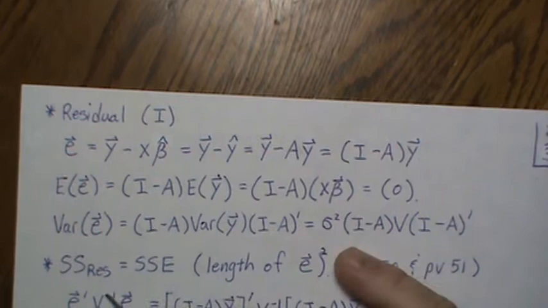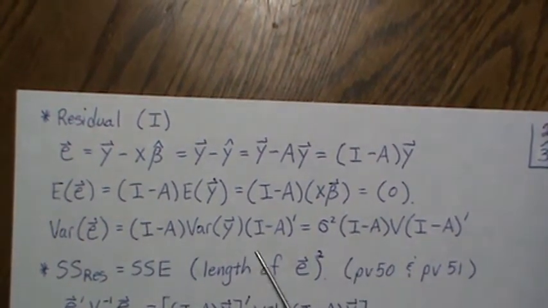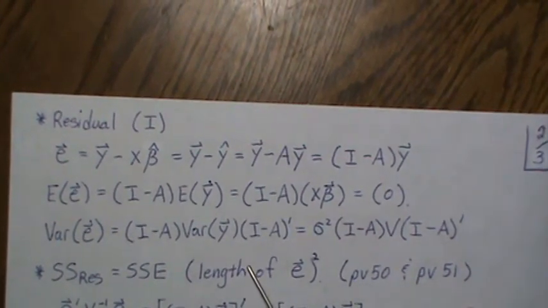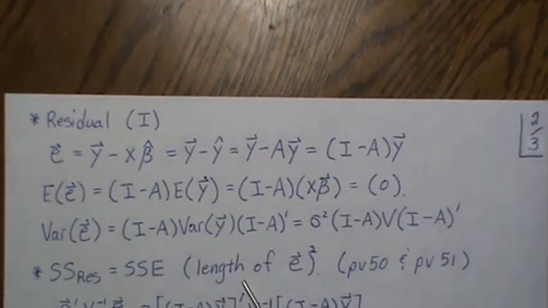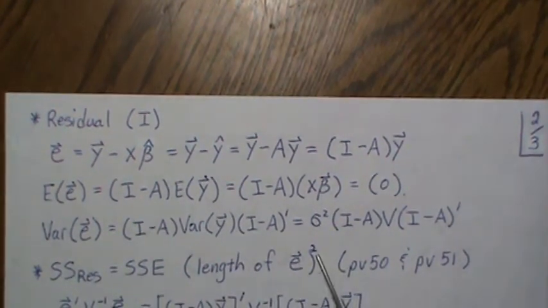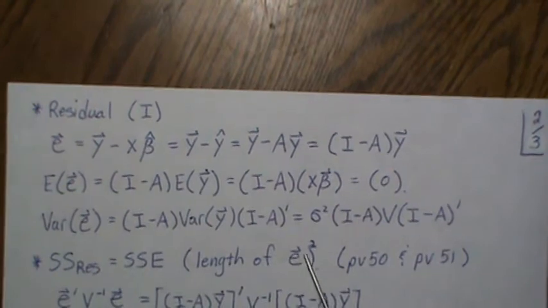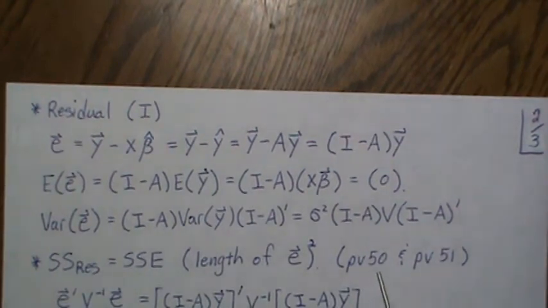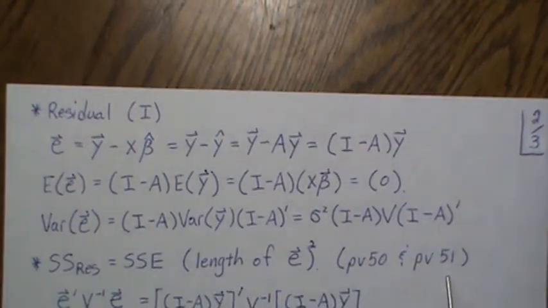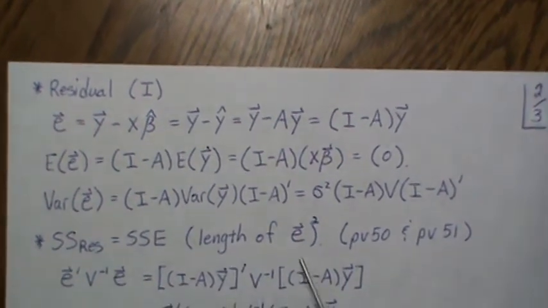Now let's look at the sum of squares residual, or SSE, in the weighted least squares regression setting. So we want to look at the squared length of the vector. We're going to make reference to previous videos 50 and 51 in our derivation here.